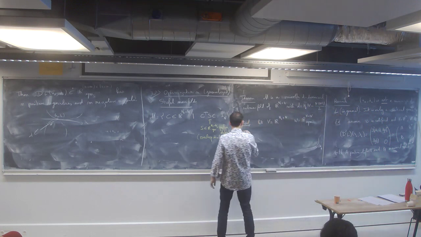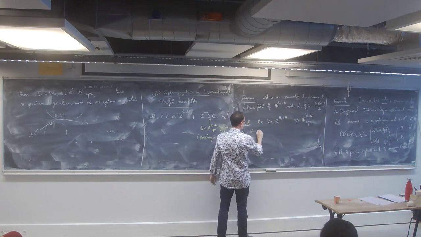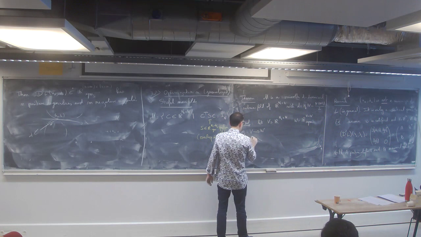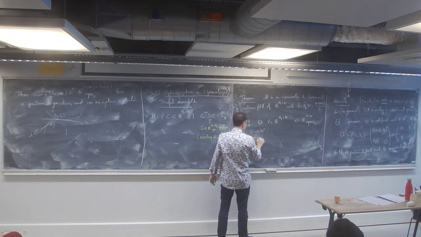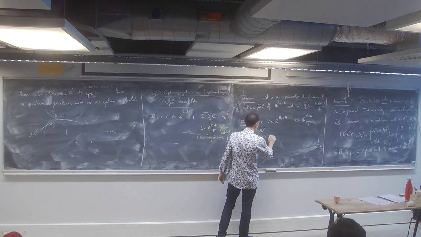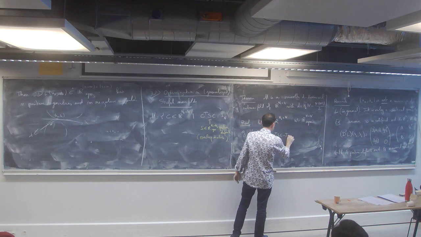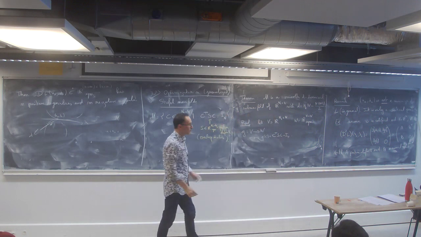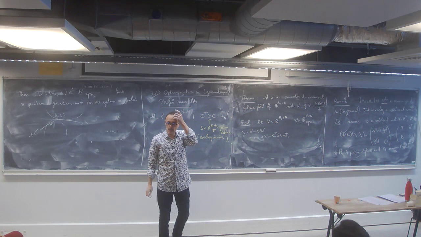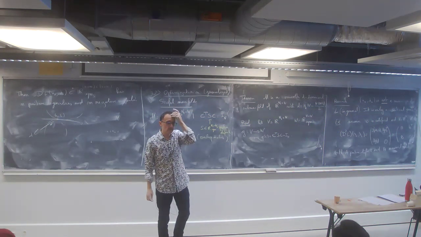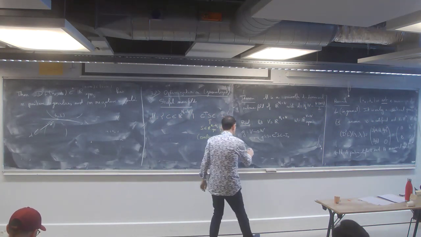Now G is a function from V to W, which associates to some matrix C the matrix G of C, defined as C transpose SC minus identity. If I remember well, we already computed the derivative of this map.